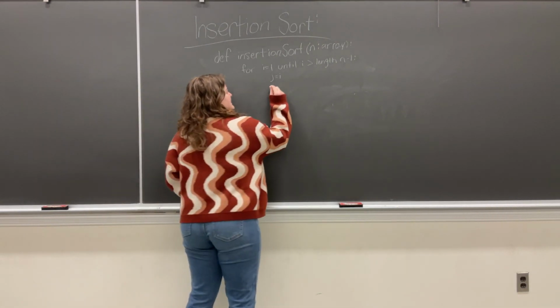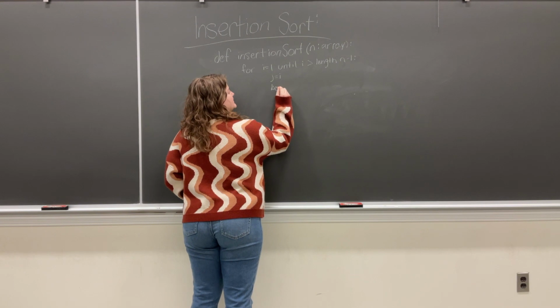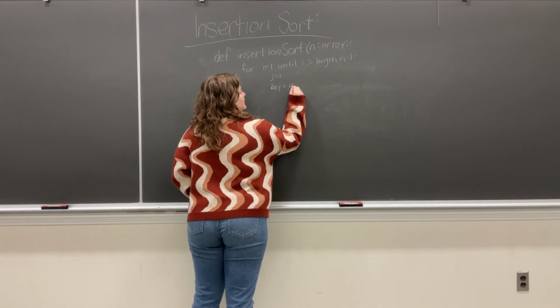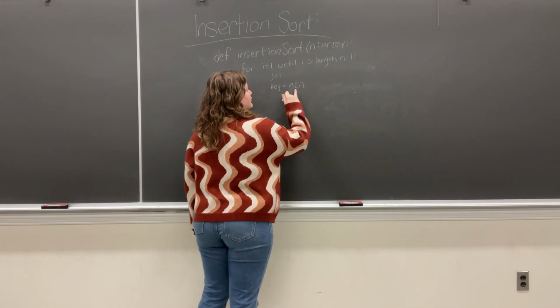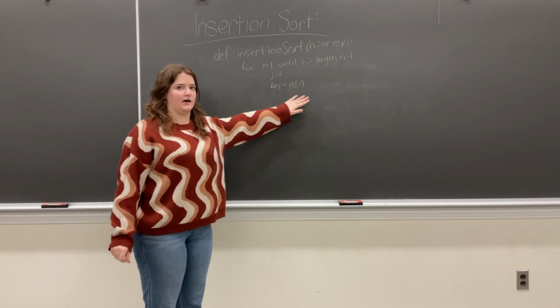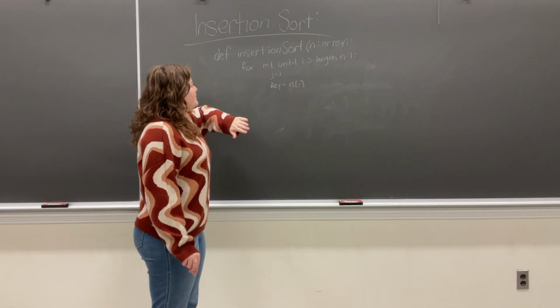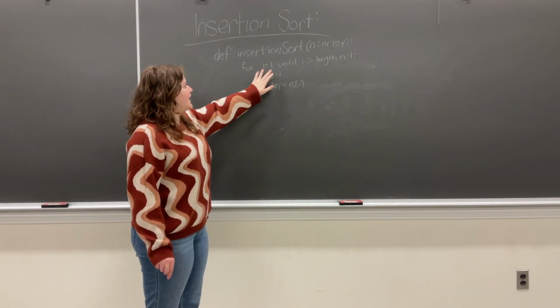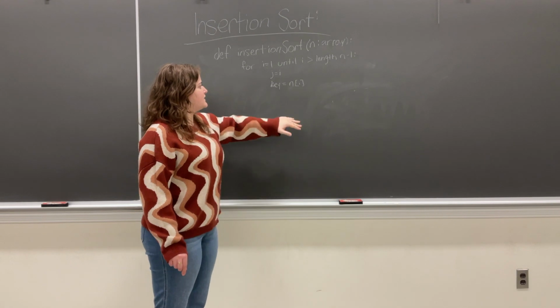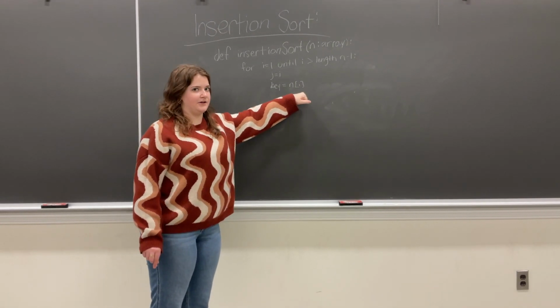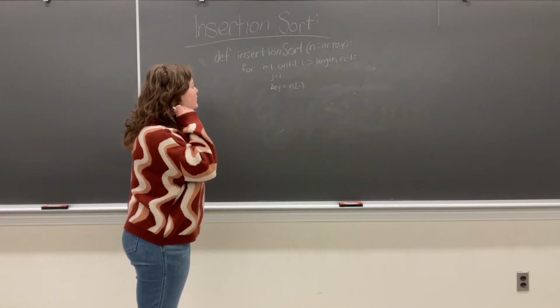And then the key is going to be set equal to n at element i. So the value n is holding at i. That's why we're using our i value in our for loop to traverse the array by indexing it down here for the key variable.